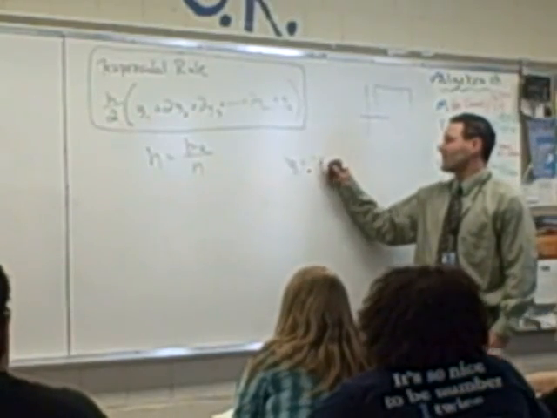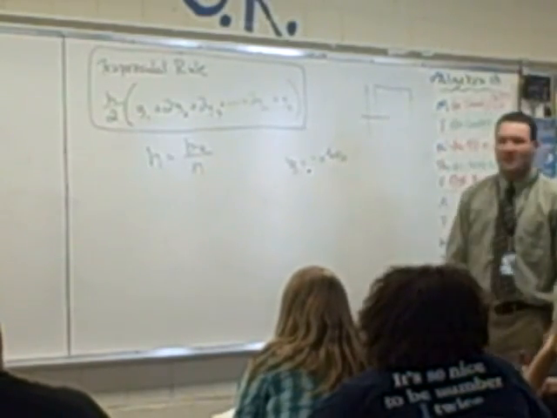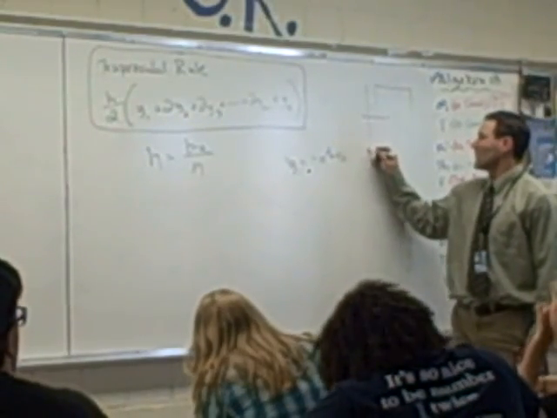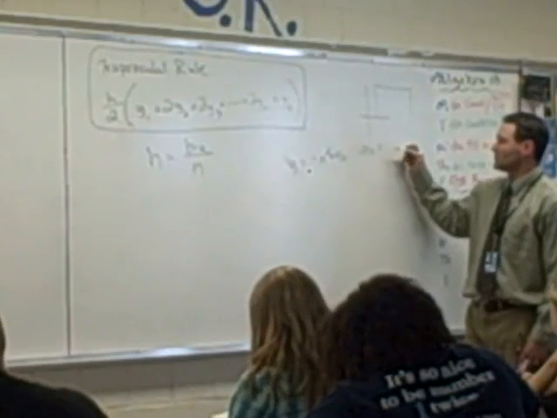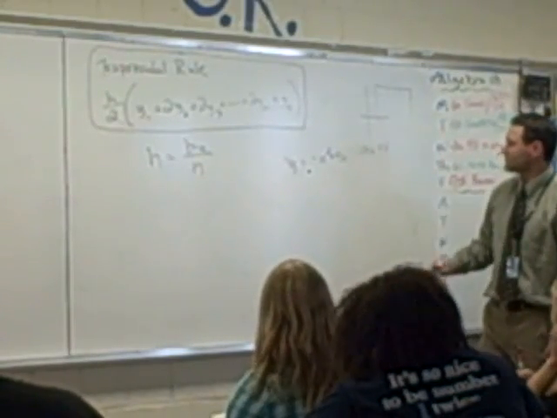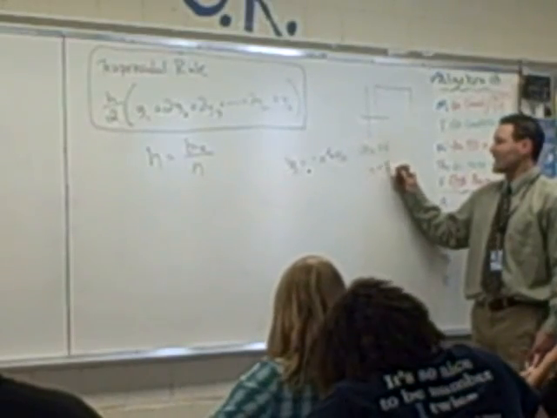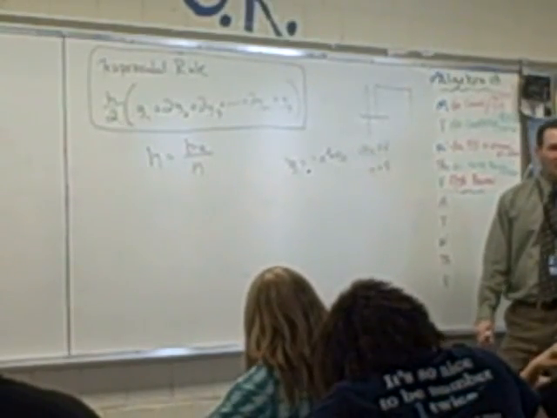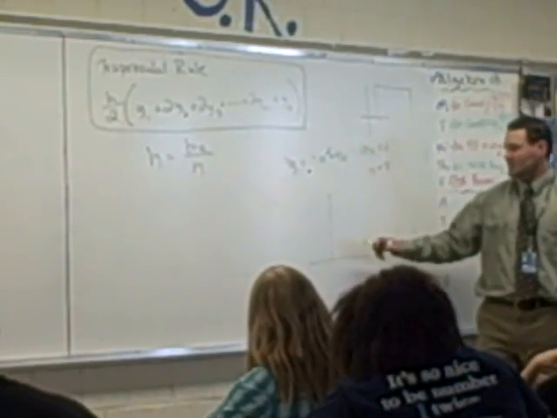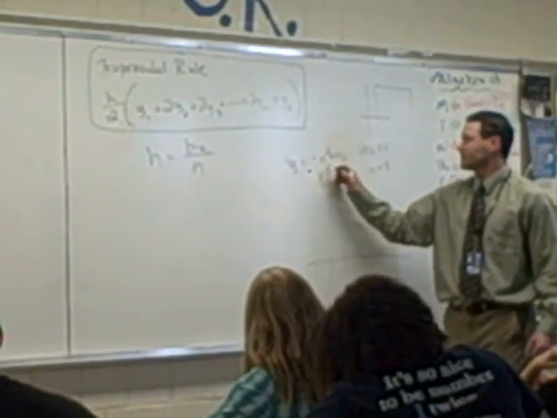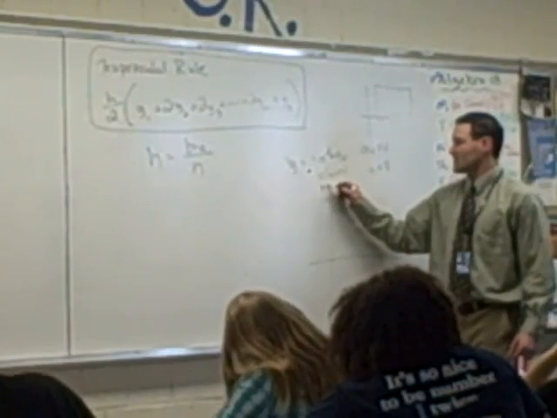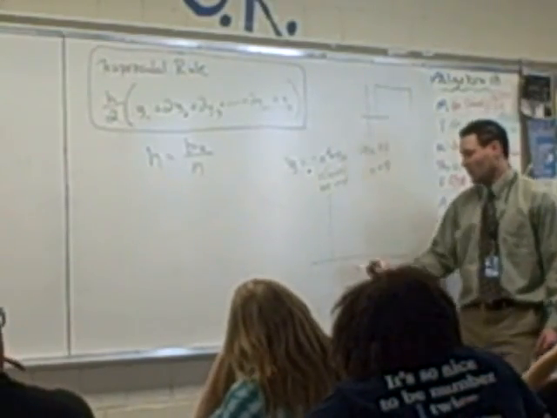Okay, so let's say I have this, and I want to find the area under the curve, let's say from 0 to 4. And let's make 8 the number of partitions we're going to do. So graphically, what we have is a parabola at x-intercepts of 0 and 4.